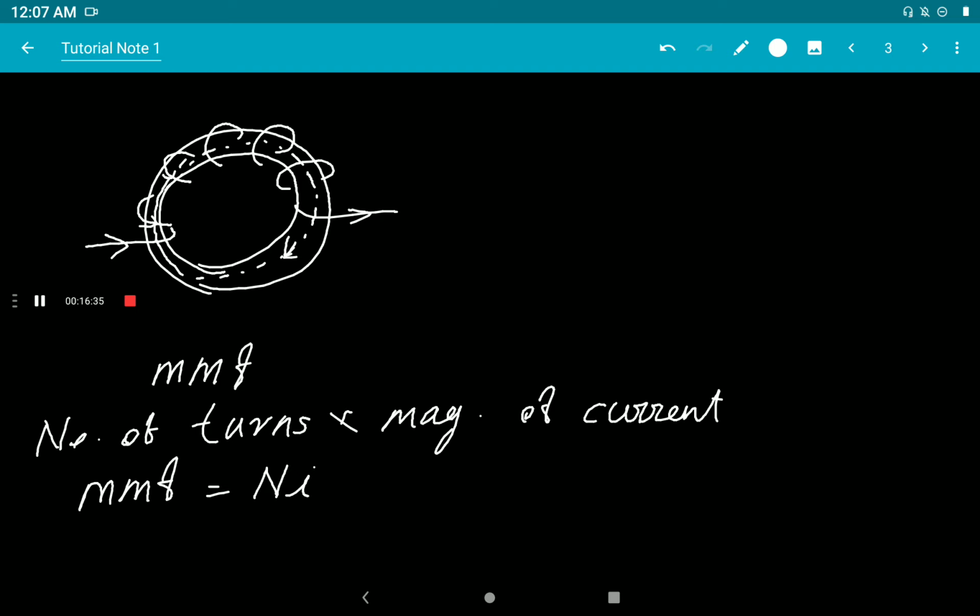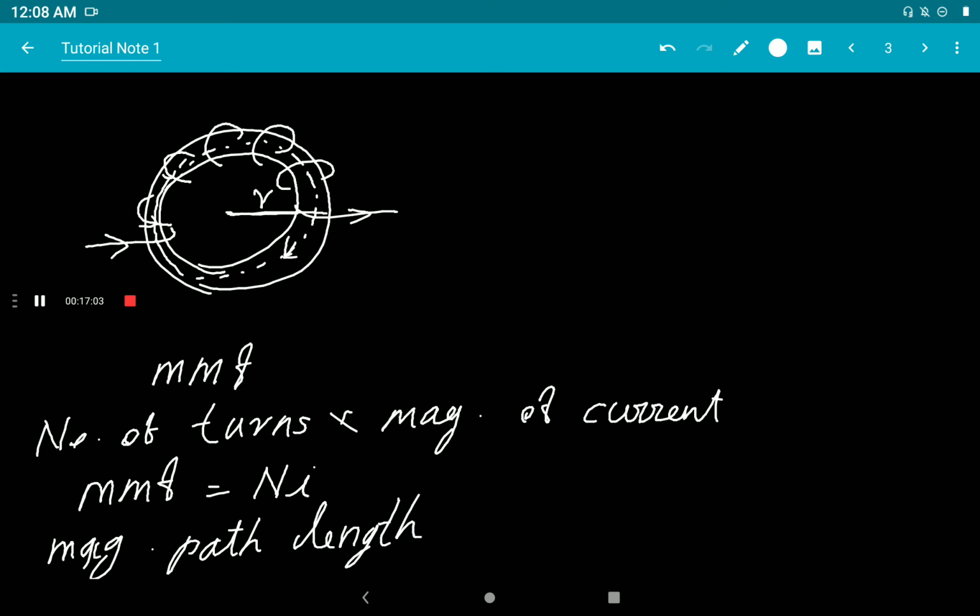And we can correlate this equation with Ampere's law. Just assume the magnetic path length. If the radius of this magnetic circuit is R, how much is the length of this magnetic path?